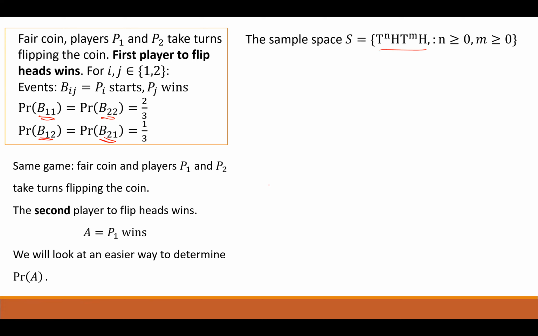So each of these events represents a substring. So we can concatenate these substrings together and get every possible string in our sample space.